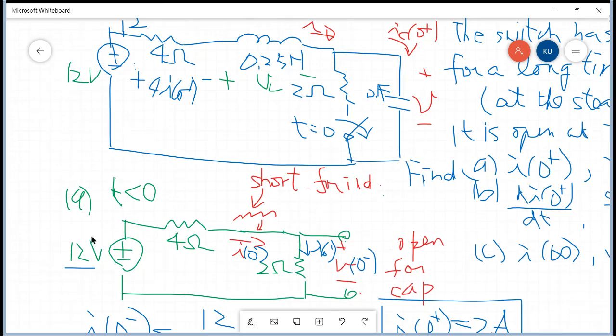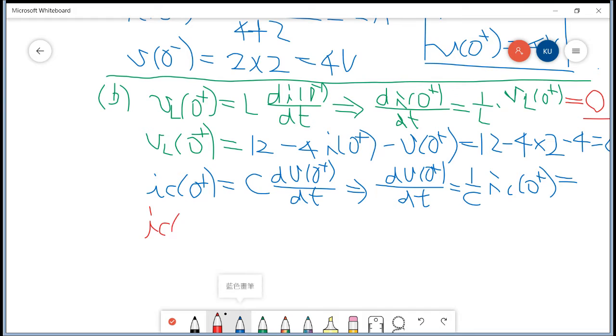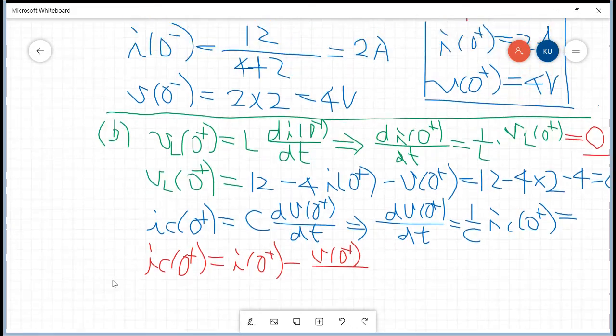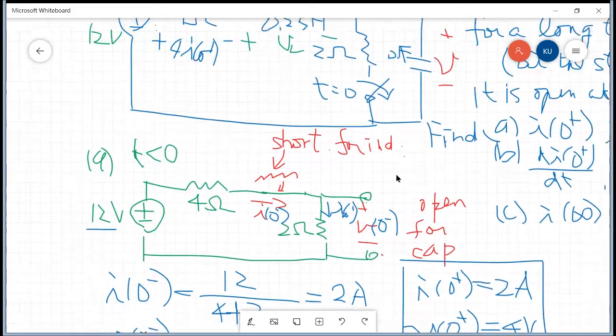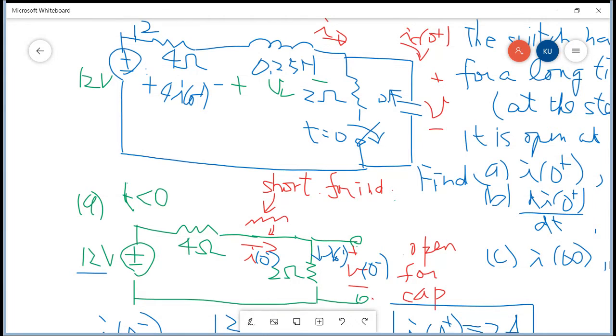So we know that IC(0+) is I(0+) minus V(0+) over 2 ohm, because the current going in this branch is V(0+) over 2.